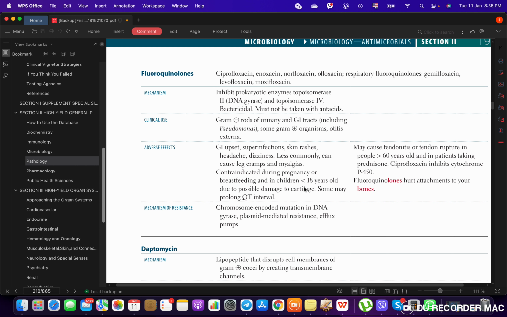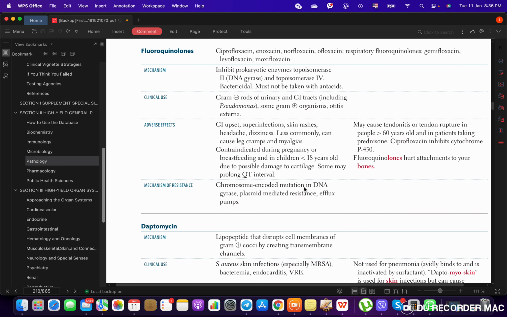Some of them may prolong the QT interval, and if we prolong the QT interval, we might have what? Torsades de pointes, absolutely. Mechanism of resistance: chromosome-encoded mutation in the DNA gyrase, okay? Also, plasmid-mediated resistance, again, efflux pumps.